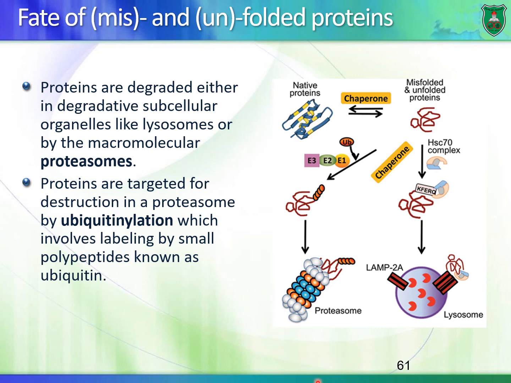One of the most common ones is by proteasomes, which are large protein complexes. Basically, the protein is ubiquitinated, meaning that you have addition of these small protein molecules to proteins, and that labels a protein for degradation. So proteasomes recognize these proteins, and you have degradation of proteins.